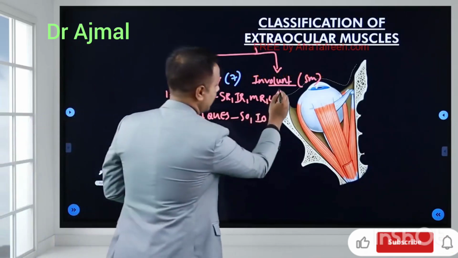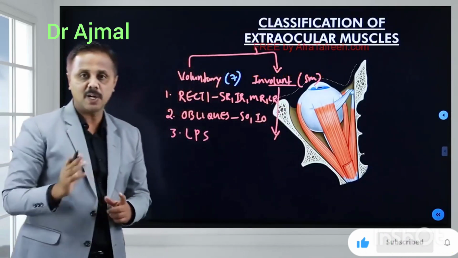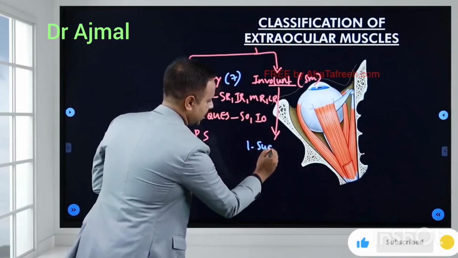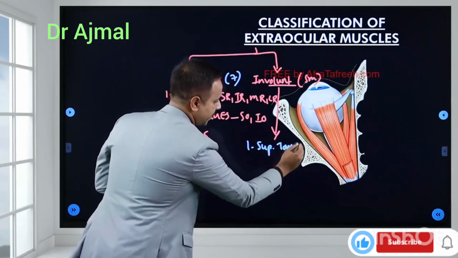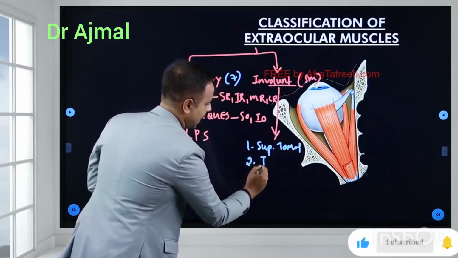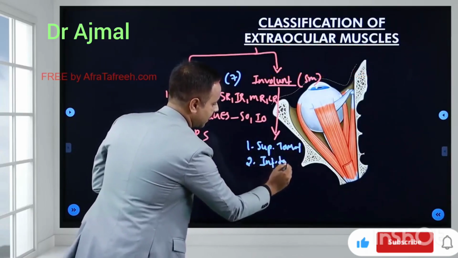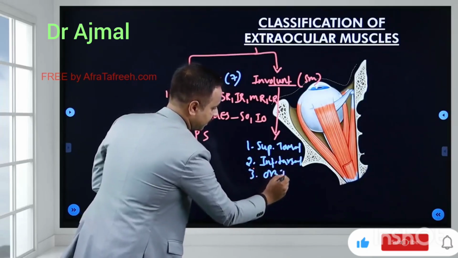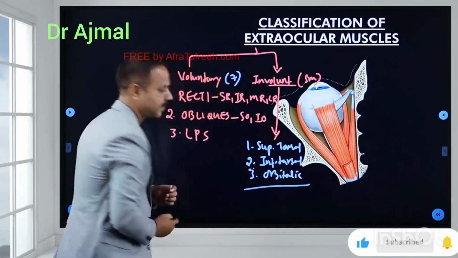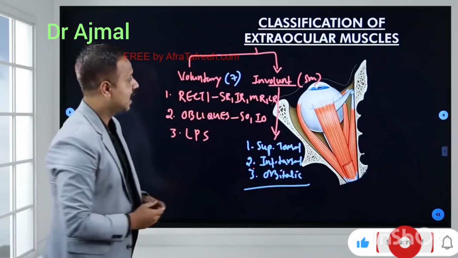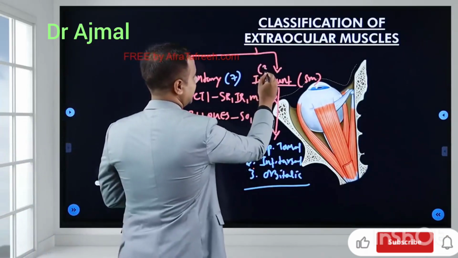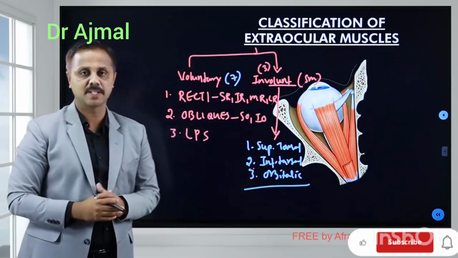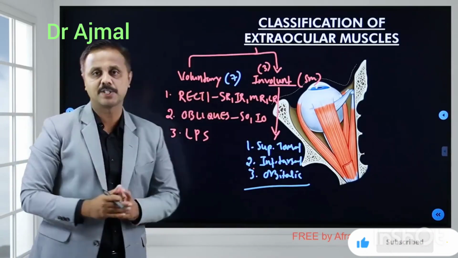When we come to involuntary muscles, they are superior tarsal muscle, then inferior tarsal muscle, and then the third is orbitalis. Right? There are how many muscles? 3 involuntary muscles. So there are about 10 extraocular muscles and we'll focus in detail on each of them.